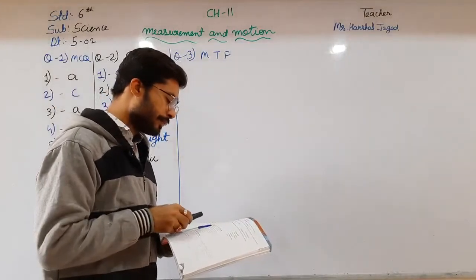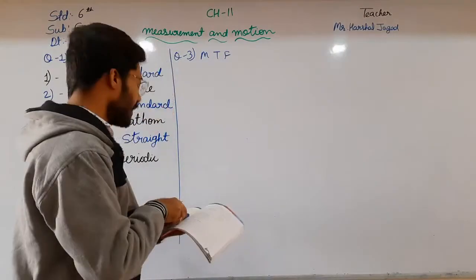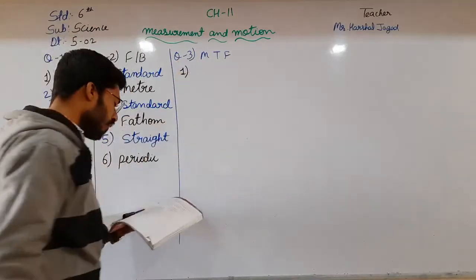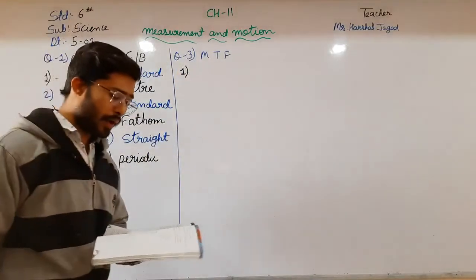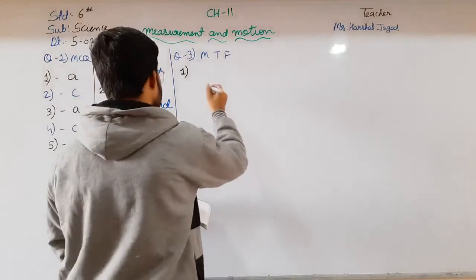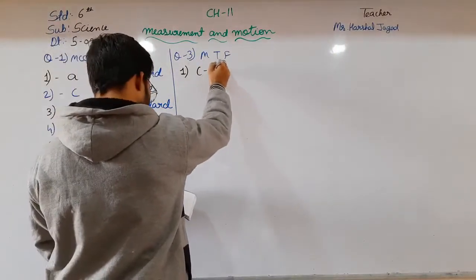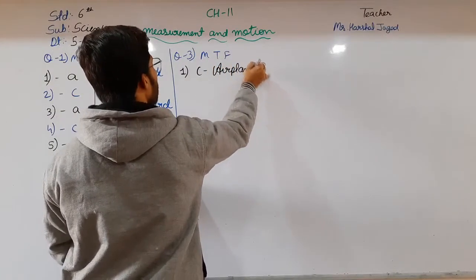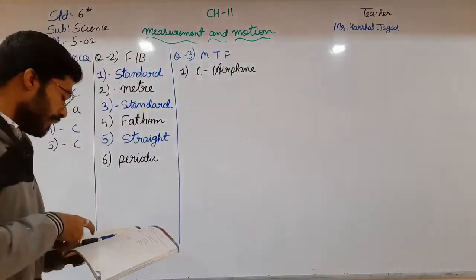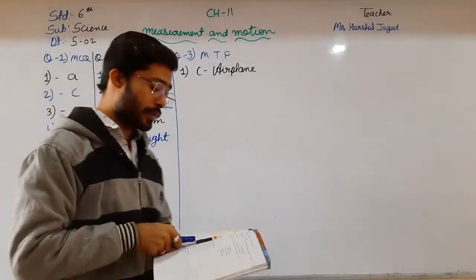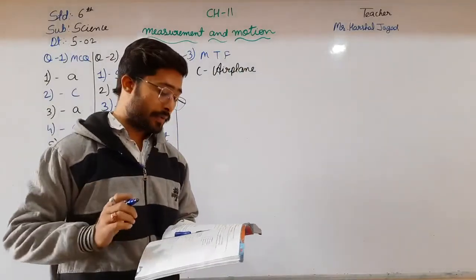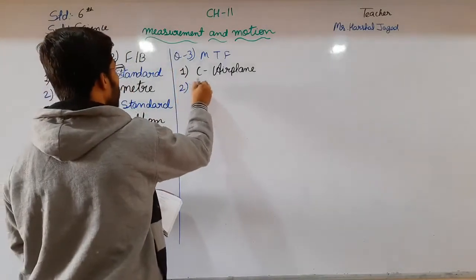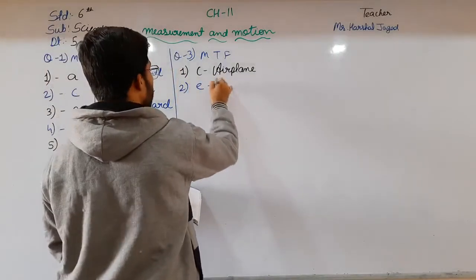Moving forward, match the following. The first one, modern transport, is C, that is aeroplane. Second one, ancient transport, is E, that is raft.